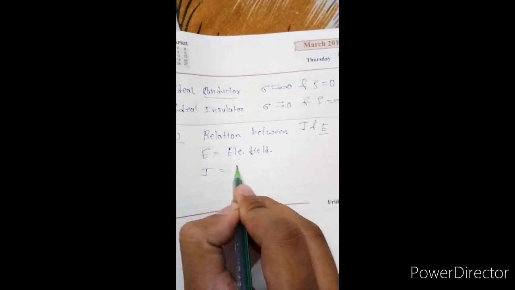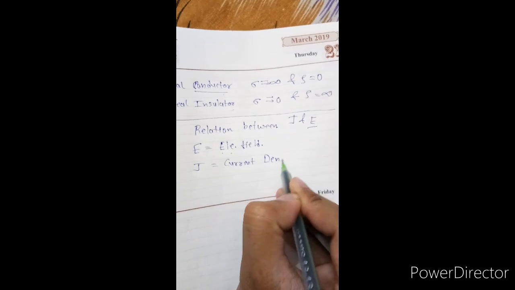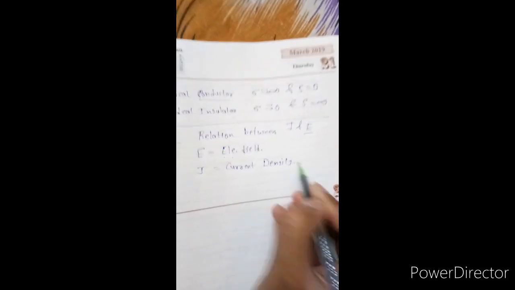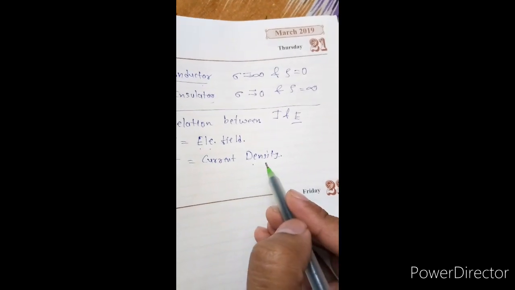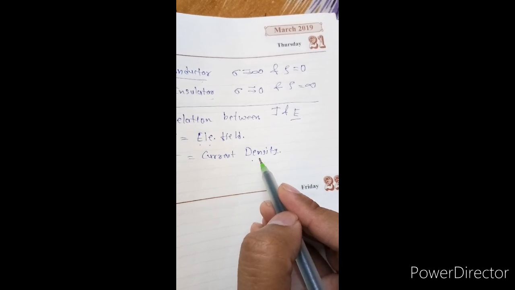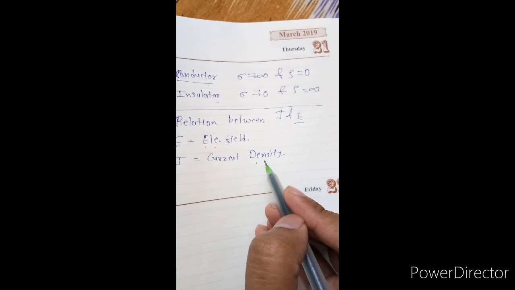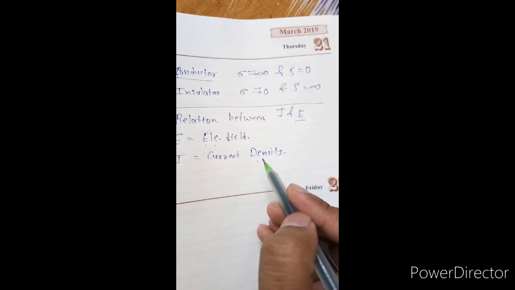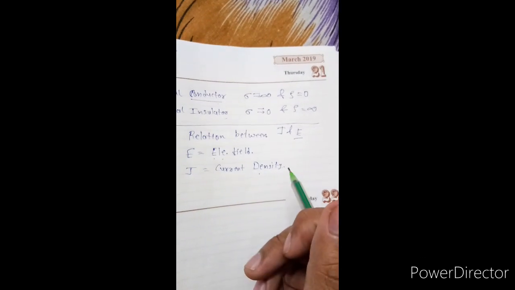J is known as the current density. You already know about density. Density is of three types: linear density, areal density, volume density. If you divide mass upon length, it is linear density. Mass upon area is areal density, and mass upon volume is known as volume density.